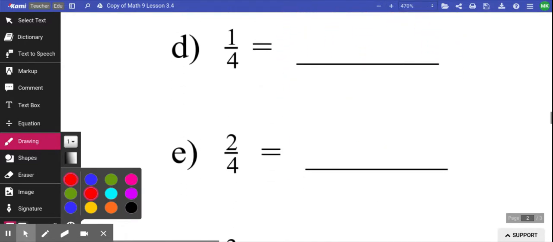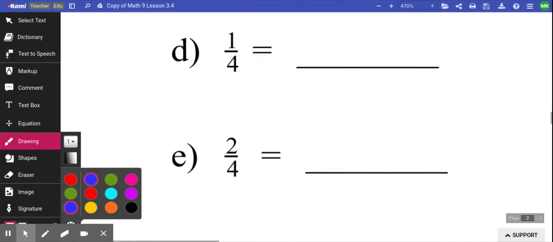D, 1/4. 1/4 is also called a quarter, which people are usually pretty good with. 1/4 is 0.25. That is one you'll need to have memorized. If I wanted to convert 2/4 into a decimal, you have 2 different options.